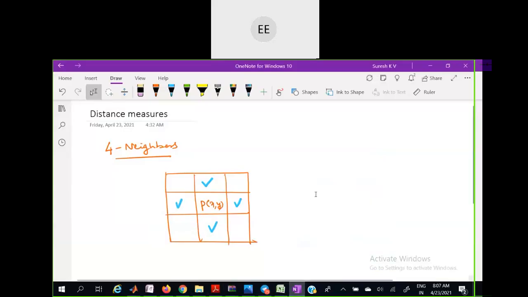These are the four neighbors, whatever we have shown as tick mark and also in a specific color. Now these pixels which I am showing in green color, with respect to p, they are called the diagonal neighbors, and they are also four in number.